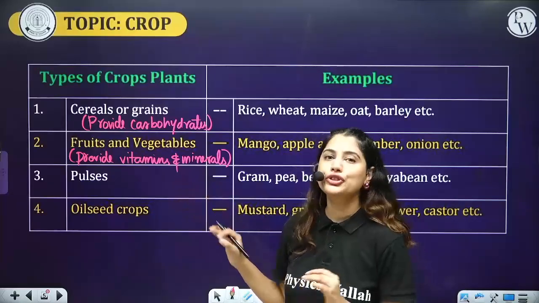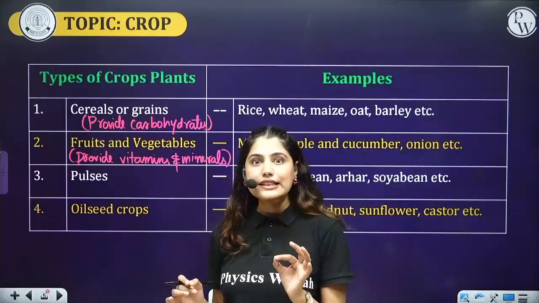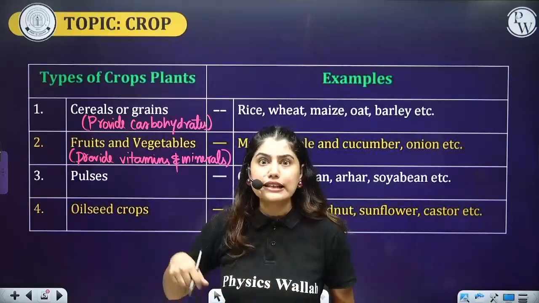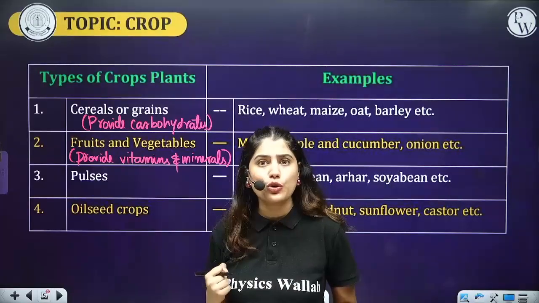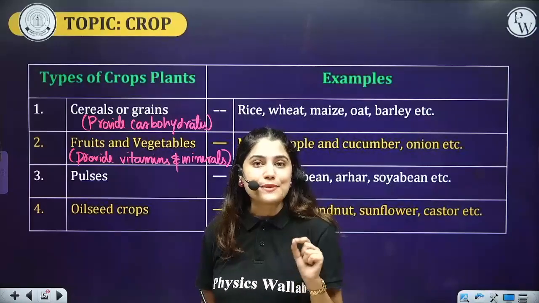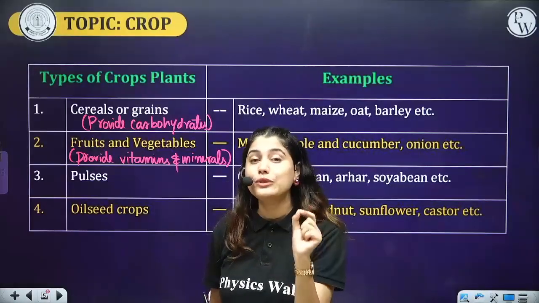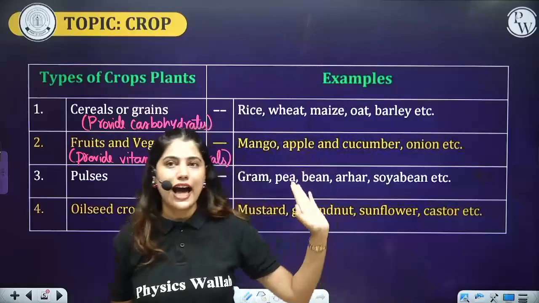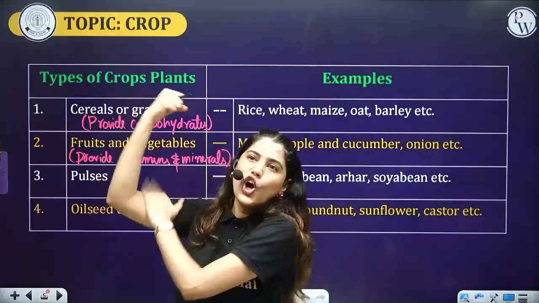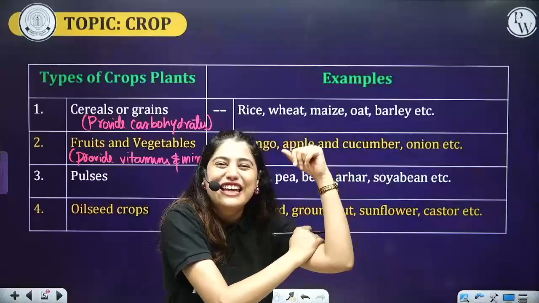Next we move to pulses. Now pulses, like mama says at home, right? Eat your dals, eat that rajma, eat that chole chawal. Why is she pointing out to those? Because all of these pulses provide you with protein. And you must have seen all the bodybuilders having all the protein dabbas to make their biceps.